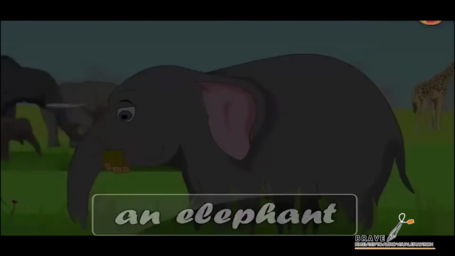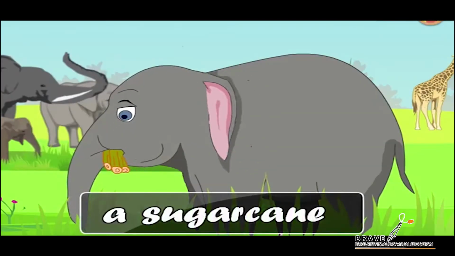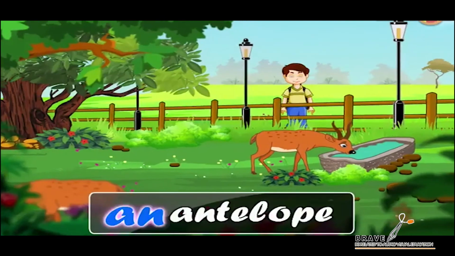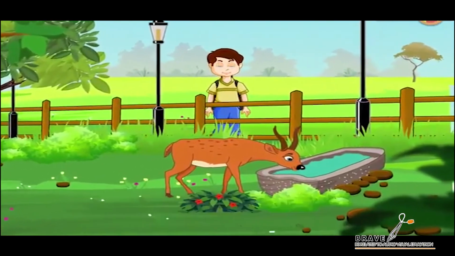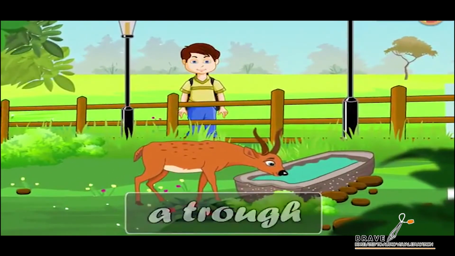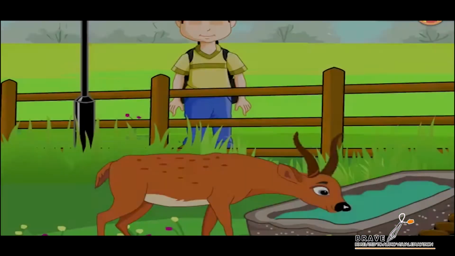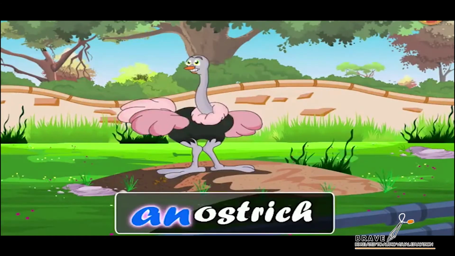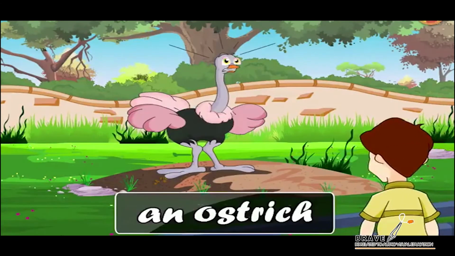An elephant was eating a sugarcane. An antelope was drinking water from a trough. An ostrich was hiding its face under the sand.